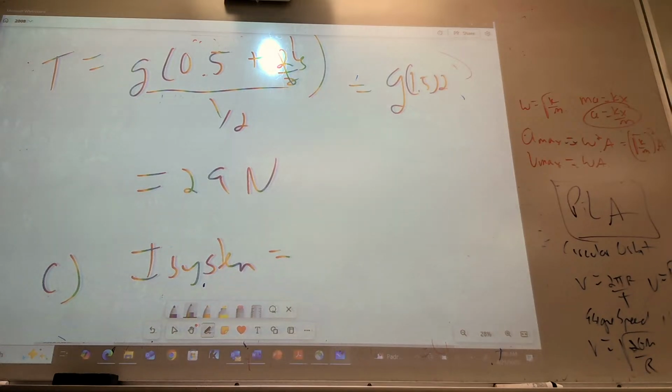Show me if you have your final answer. You've got to get the inertia of the rod, and then you have to get the inertia of the block. You just sum those two together. They already gave you one equation, so you're just plugging in 1/12 ml squared. You don't get a point for that. That was too easy.